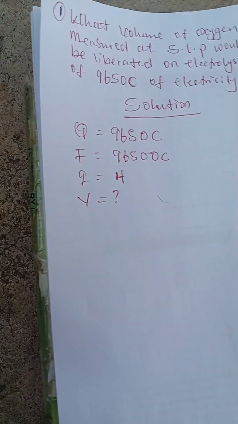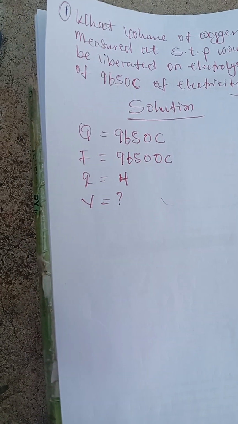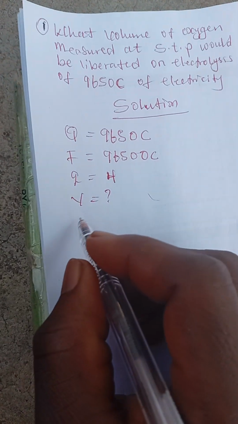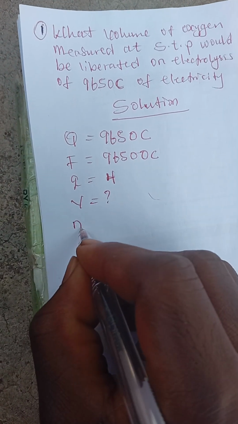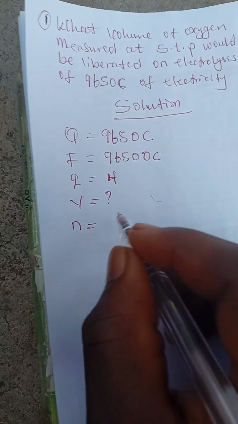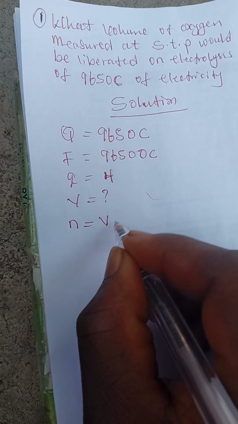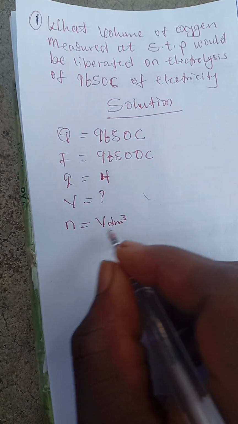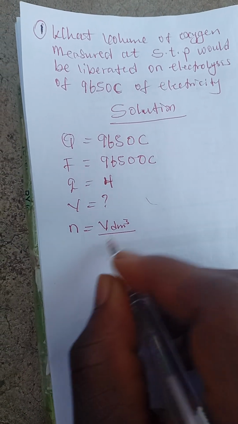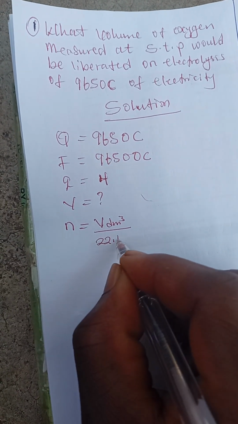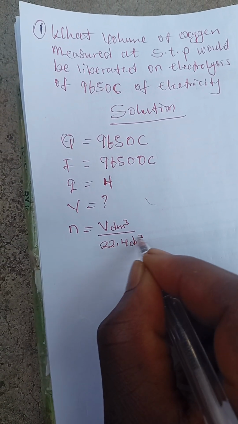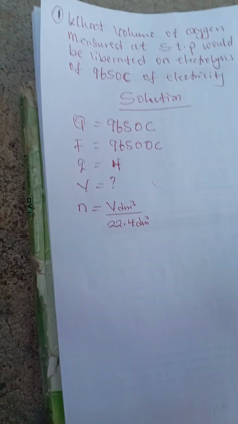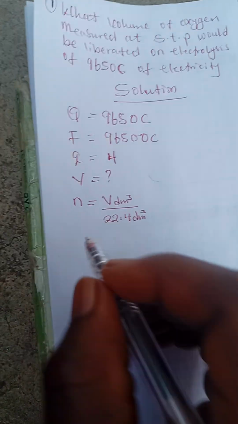However, I believe you can still recall that the number of moles is equal to volume in dm cube all over 22.4 dm cube. I believe you can still remember this, right?